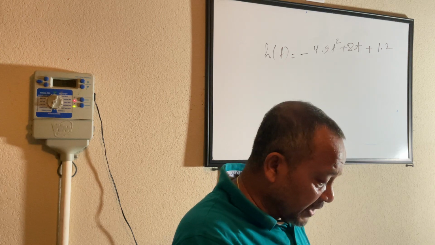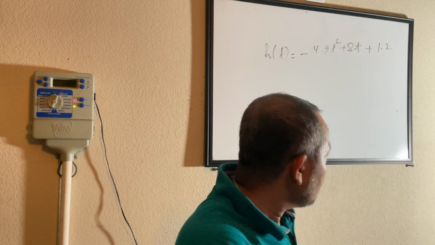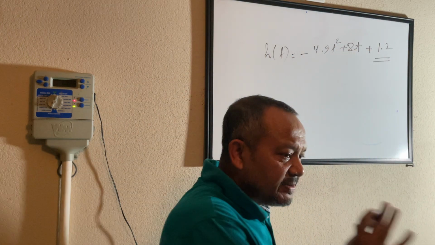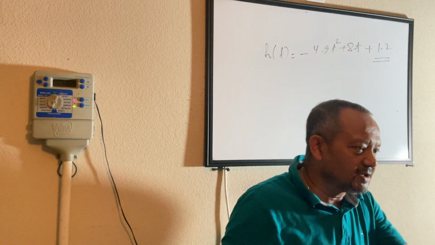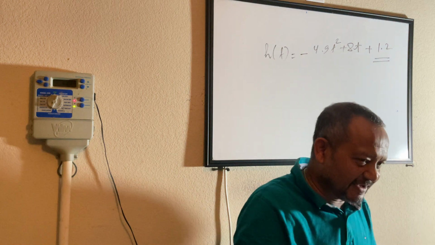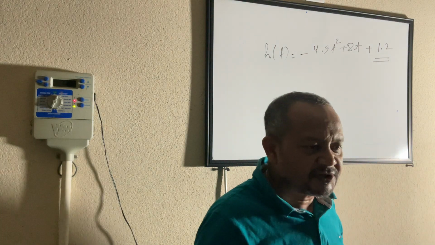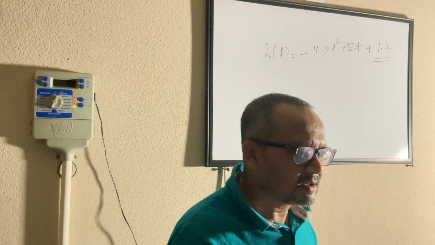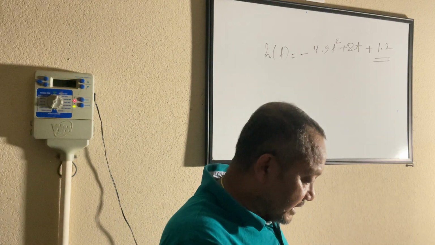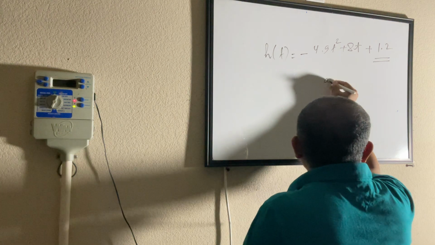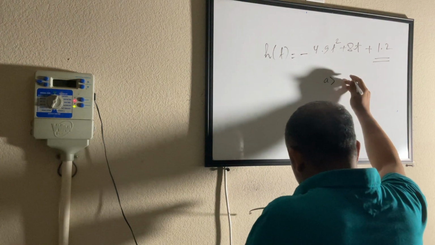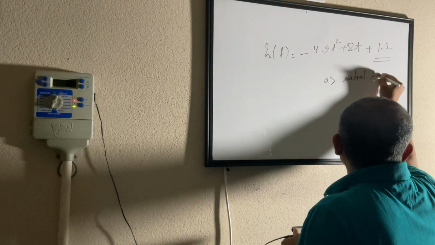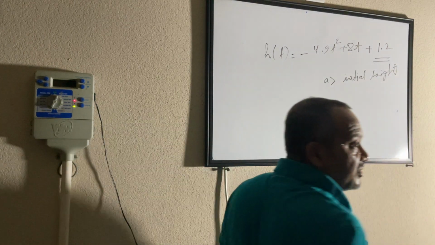What does the number 1.2 represent in this function? This is a much more straightforward problem than I initially thought. Let me read the options. A, the initial height in meters of the basketball.